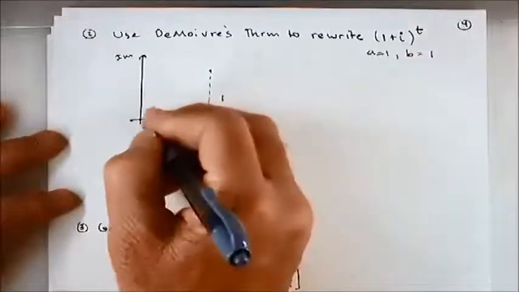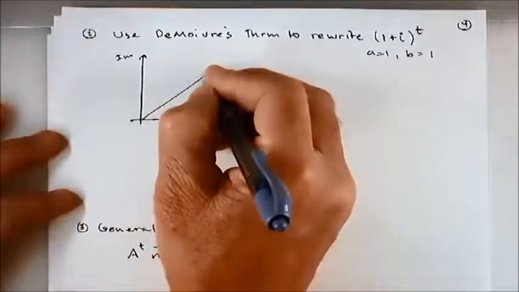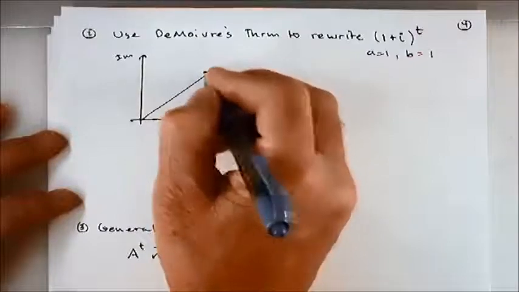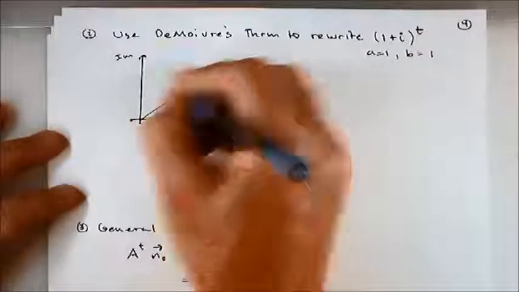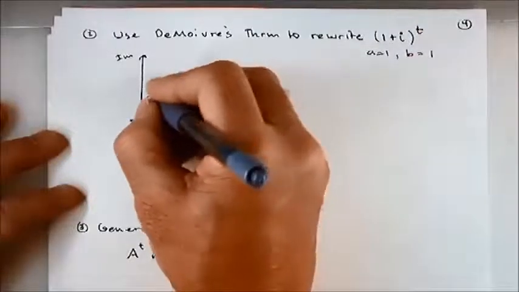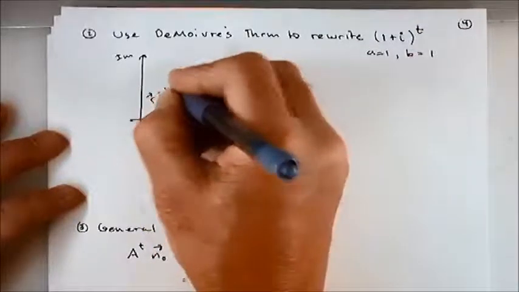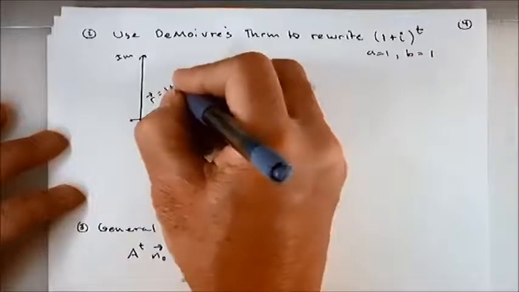So this would be my vector, if I thought of this as a vector. R is 1 plus i.